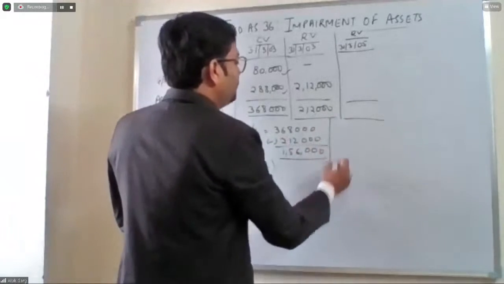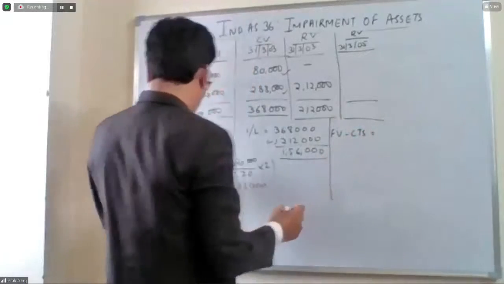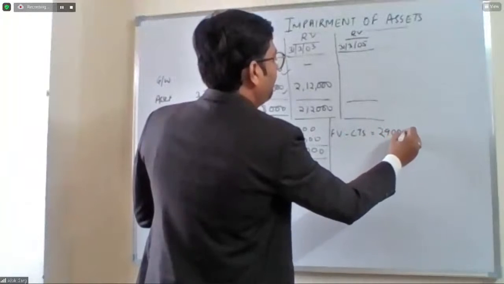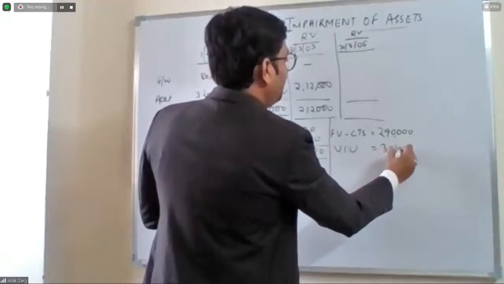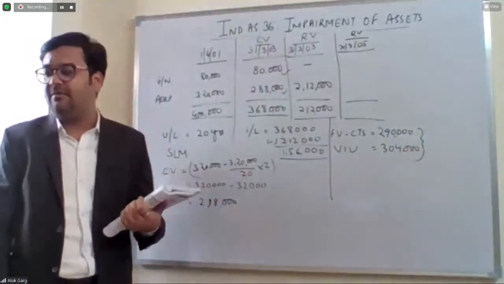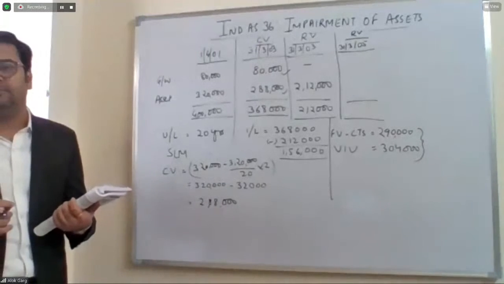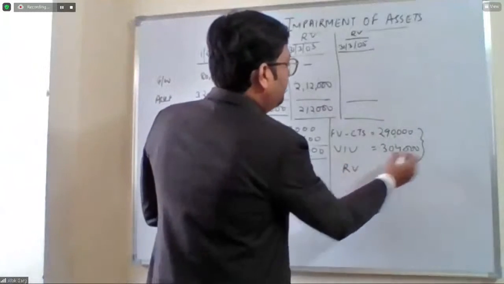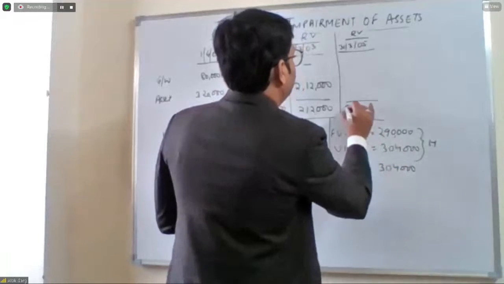Fair value less cost to sell was 2,90,000 and value in use is 3,04,000. So what is the higher here? What is higher? 3,04,000. So the higher is 3,04,000. So the recoverable value is 3,04,000.